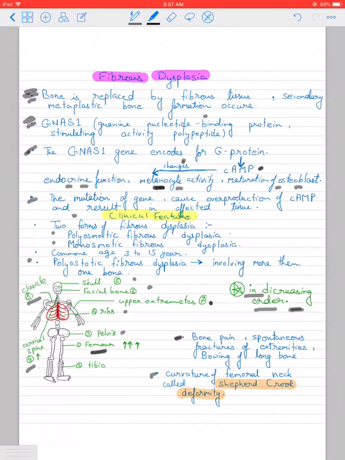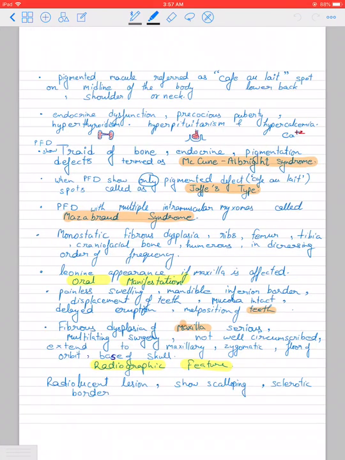Now come to the melanocyte deformities, that is pigment. Pigmented macules are referred to as cafe au lait spots, found on the midline of the body, lower back, and shoulder or neck.